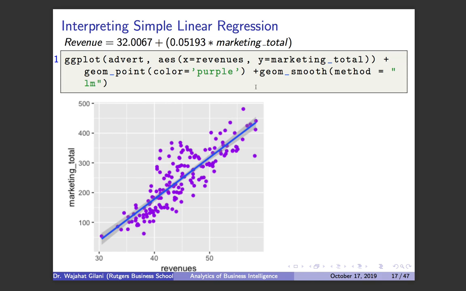All we do is add another layer on top of it, and that layer is this new line called geom_smooth. Method equals lm, for the linear model. It adds this little line, and you can see this little grayish area around it because it shows you how much error there was when it was doing that analysis.